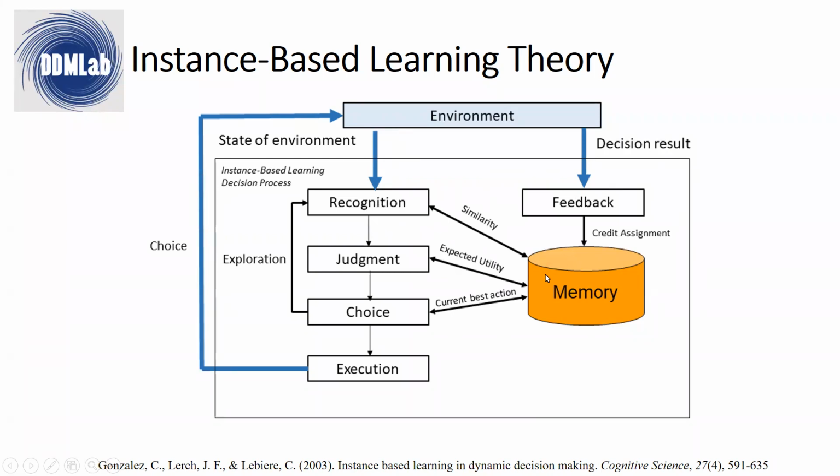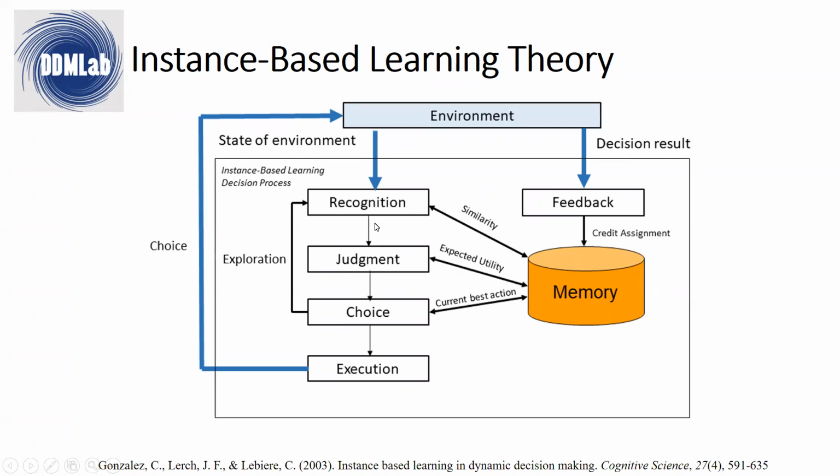Based on that similarity, the value of a particular choice in that situation is calculated. And the idea is that basically we determine what is the expected value of making a choice in that particular situation. And we do that by retrieving those instances or memories from the past.